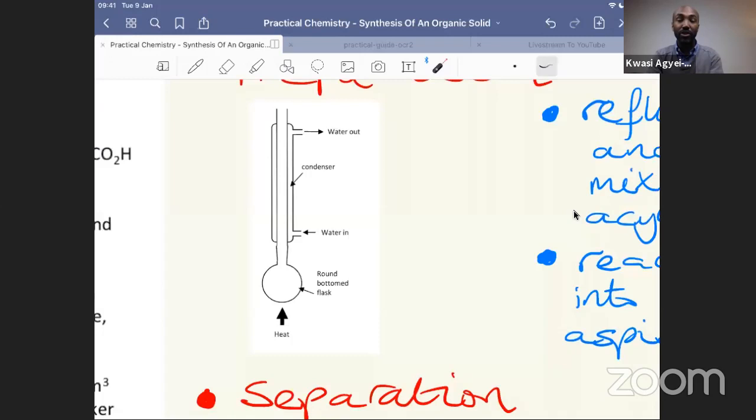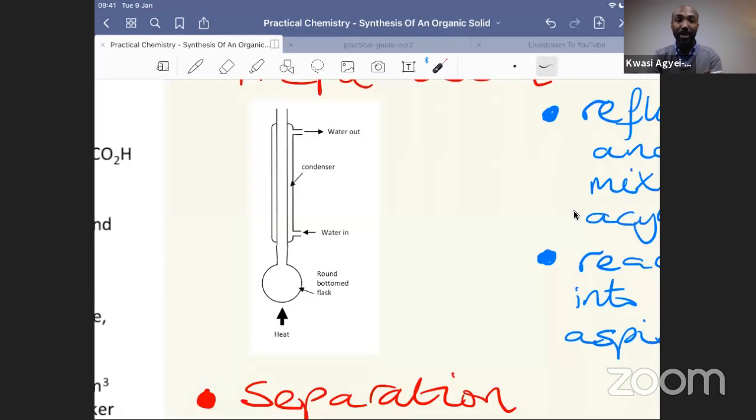If you're refluxing something, you don't care about what temperature the mixture is boiling at. You just want that mixture to boil, the vapors to rise up into the condenser and then be condensed back to liquid and into your flask. Okay, so under no circumstances should you have that end of our reflux condenser sealed.